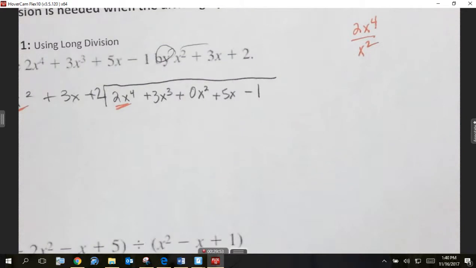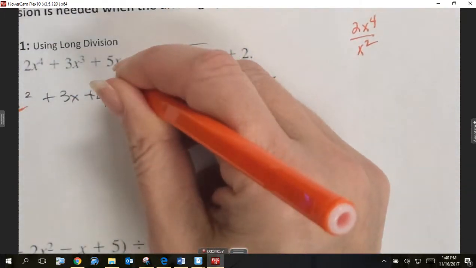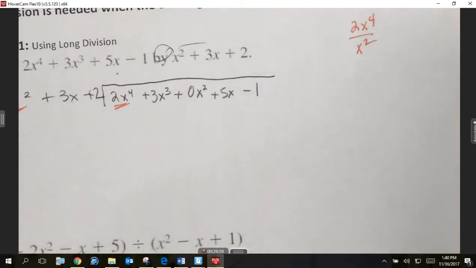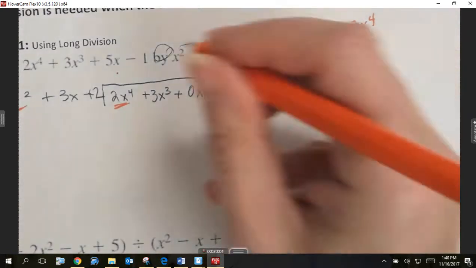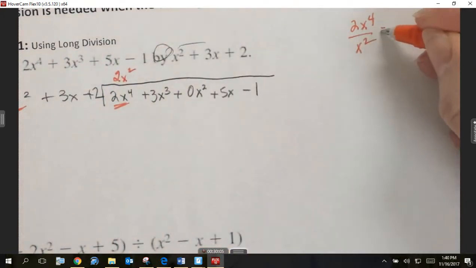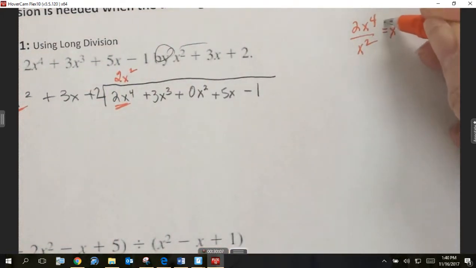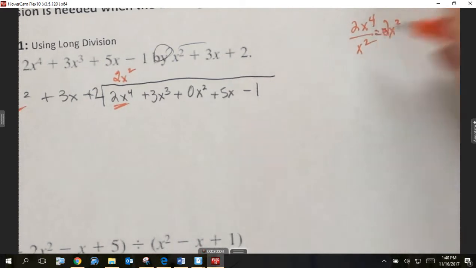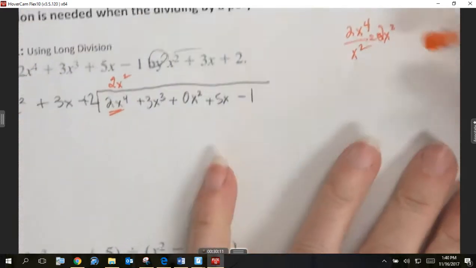What do I get? What is it? 2, and then x squared. This becomes 2, and then x to the second. Ah, that looks so messy.